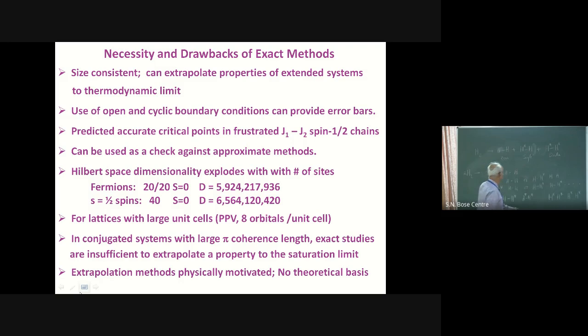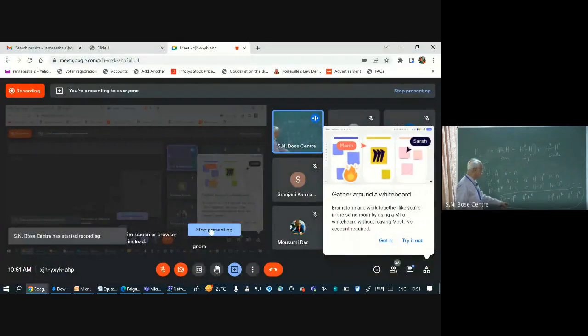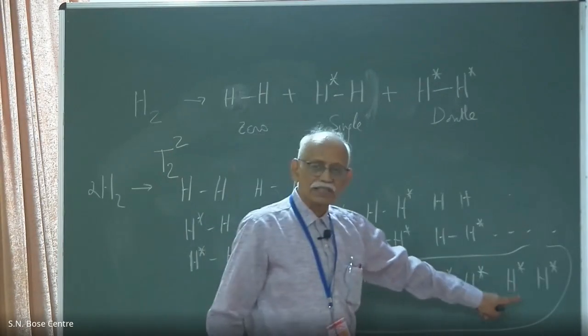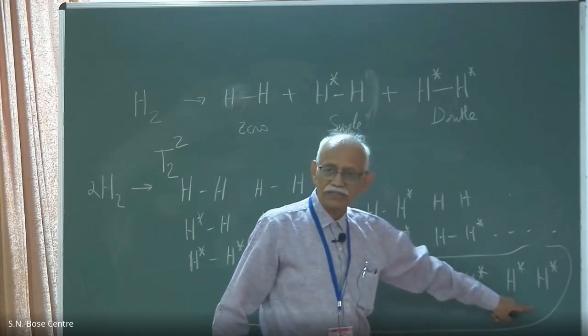These are left out when you do a single double CI variationally for 2 hydrogen molecules. But what coupled cluster theory does is take T2 squared. What T2 squared does is a double excitation of one molecule, and also a double excitation of the other molecule.